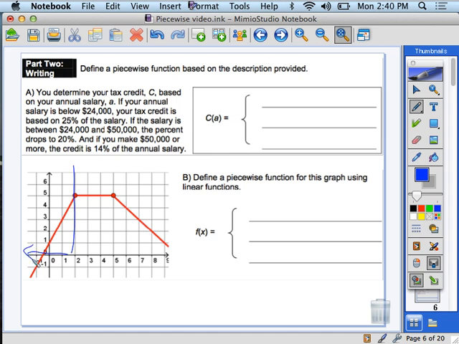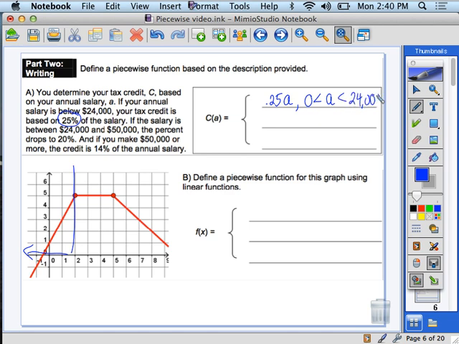We're going to multiply by 25%, so 25% times our A value, our annual salary, and that's when our annual salary is 0, or our annual salary is between 0 and 24,000.